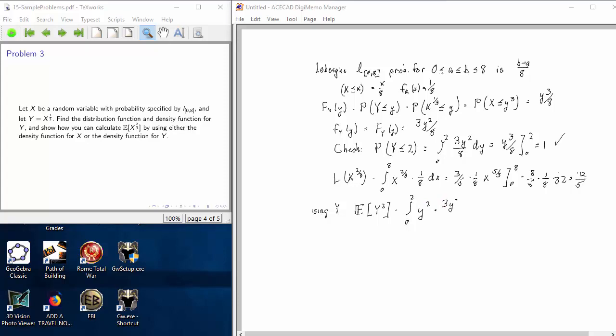I multiply that by my density function, 3y squared over 8. And what do I get? Well, I've got 3. The antiderivative is y to the 5th over 5. The limits of integration are 0 and 2. So that's 3 times 32 over 5 times 8. And what do you know? It's 12/5 again.